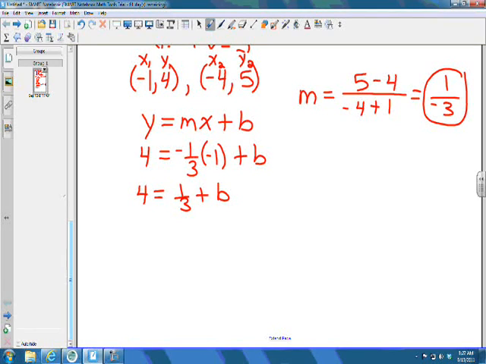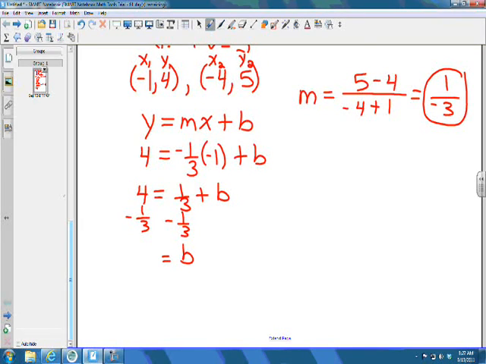Right, subtract 1/3 from both sides. You will need to get an improper fraction, not a decimal and not a mixed number. So what is the improper fraction here? 4/3?